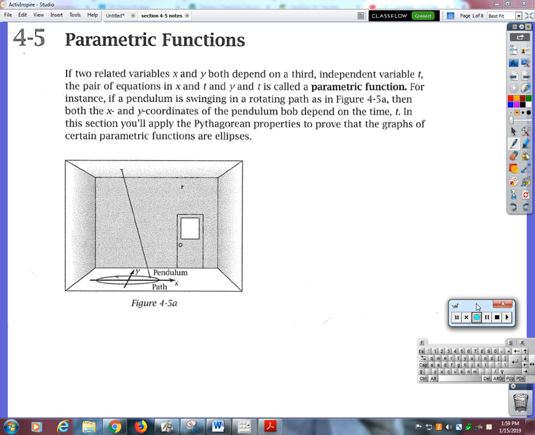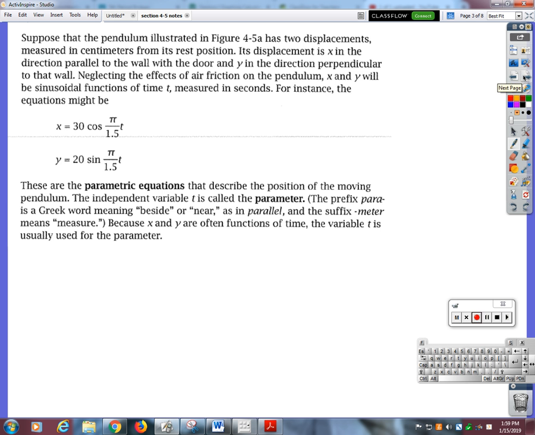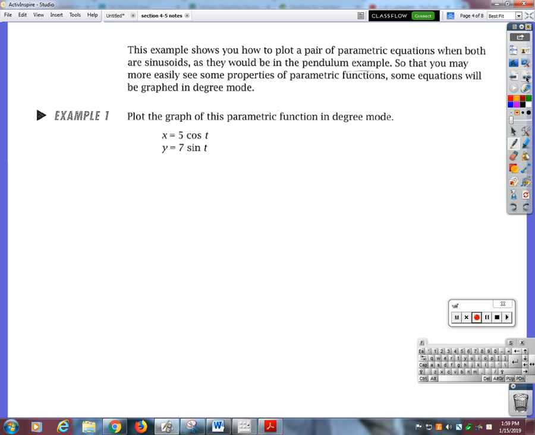And the cool thing about parametric functions, as we will see in just a minute, is since you're introducing a third variable, t, you can graph things using parametric functions that are not actually functions in terms of x and y, things that fail the vertical line test, okay? And so you can do some more fun things with them than you could do with other stuff, all right?